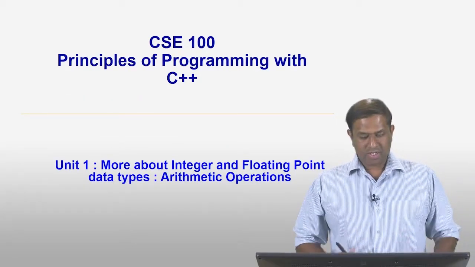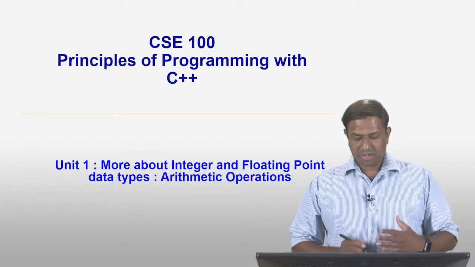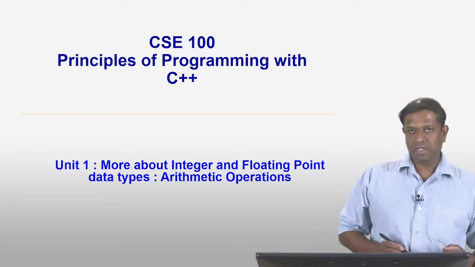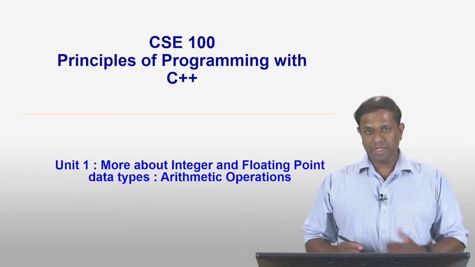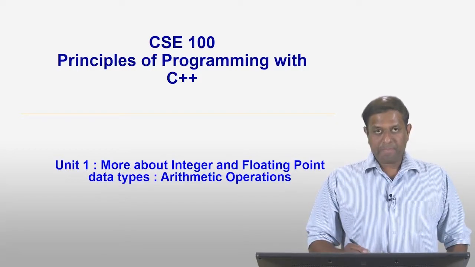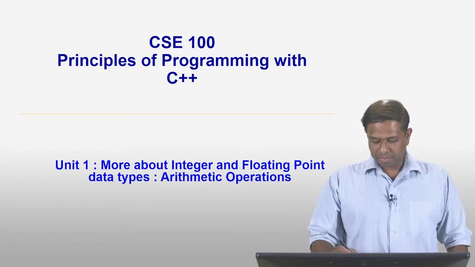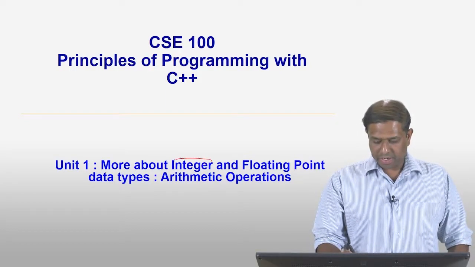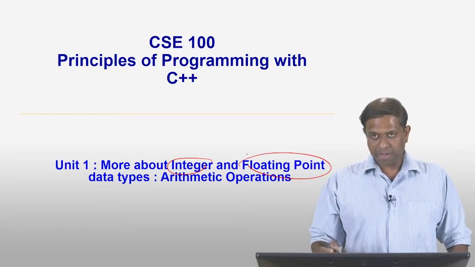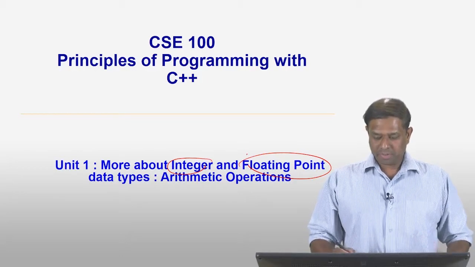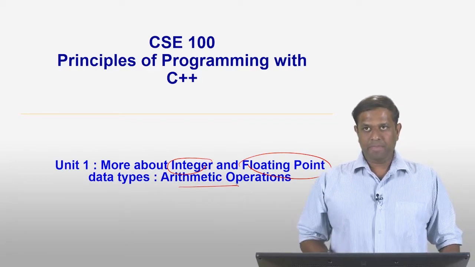During this lecture, we are going to talk about data types and especially the operations that we can do with data types. We will be focusing on integers and floating point operations, and specifically arithmetic operations.